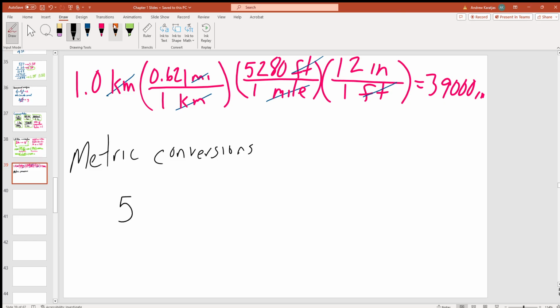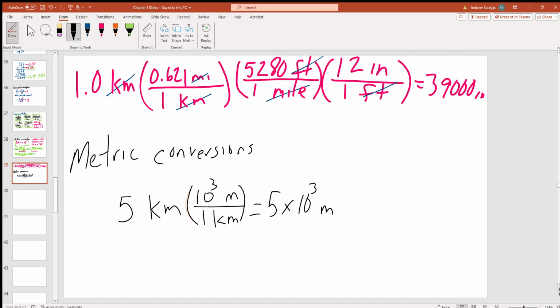So if we had 5 kilometers and we wanted to go to meters, we know that there's 1,000 meters, or sometimes it's even easier to say 10 to the third meters is 1 kilometer. And then you can just say 5 times 10 to the third meters.